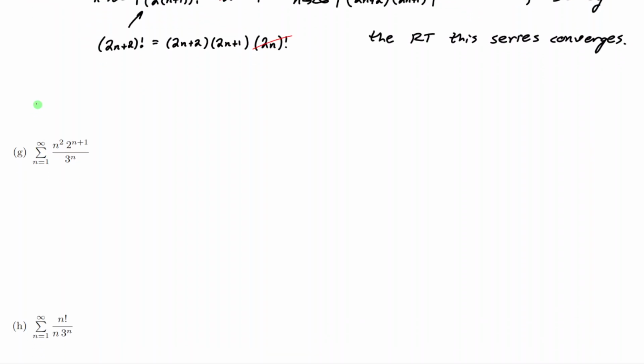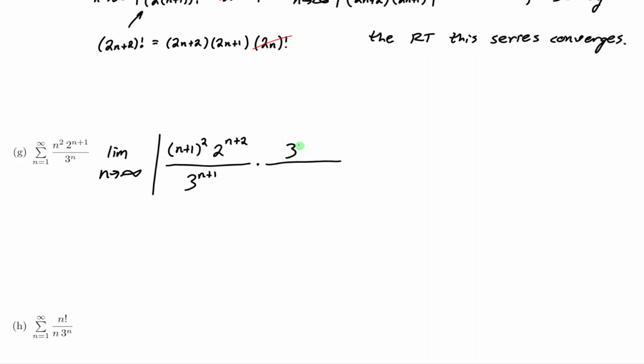In the next one, we're going to set up our same limit as n goes to infinity of a sub n plus 1, which is going to look like n plus 1 quantity squared. 2 to the n plus 1 plus 1 will be 2 to the n plus 2, and this will be 3 to the n plus 1.